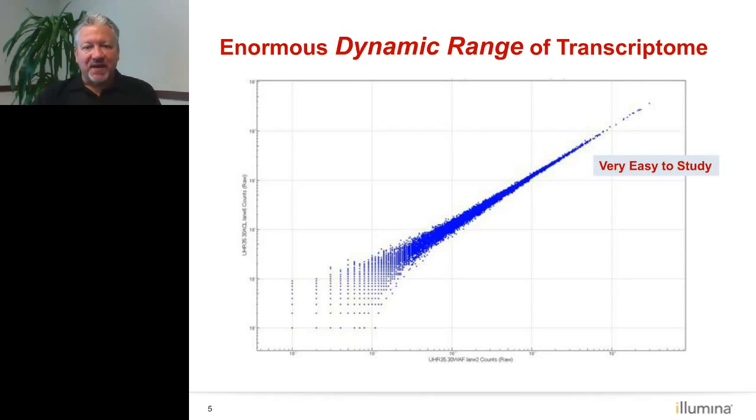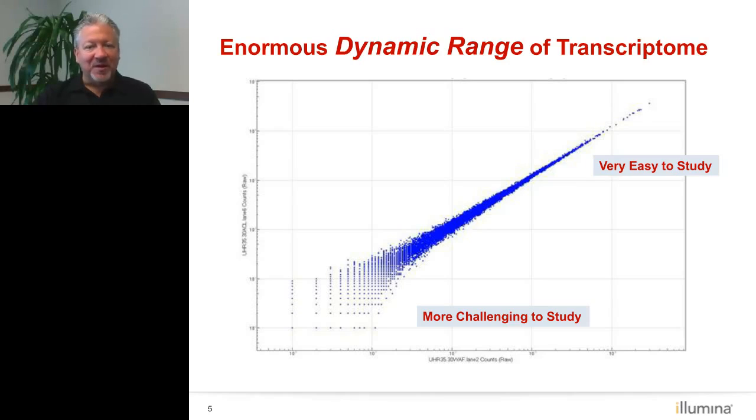And so what we find is that transcripts up at this end of the spectrum are very easy to study. In fact, we get plenty of data, plenty of reads associated with transcripts up here. And transcripts down at this end are more challenging to study. And frankly, all the discussion about the sensitivity of RNA-Seq versus any other method, or from run to run, or how many reads do you need, all that debate always centers on genes down at this end of the spectrum.